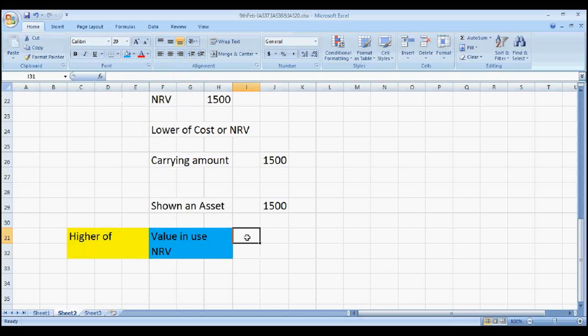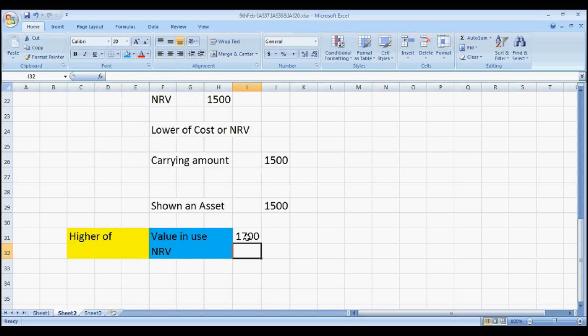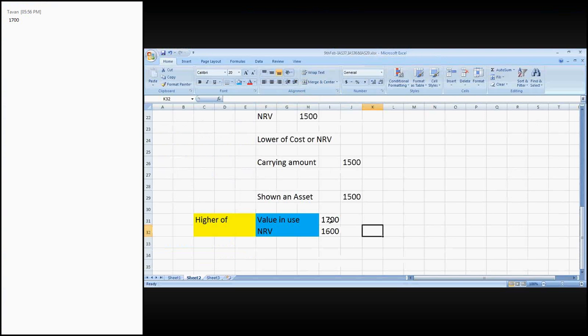I suppose that your value in use is 1700. If you sell this asset in the market, you can sell it for 1600. What is your recoverable amount? 1700. Higher of value in use or net realizable value, 1700 is your recoverable amount.